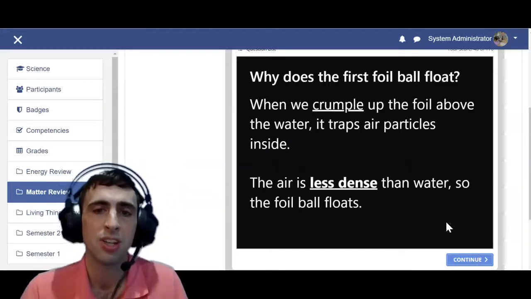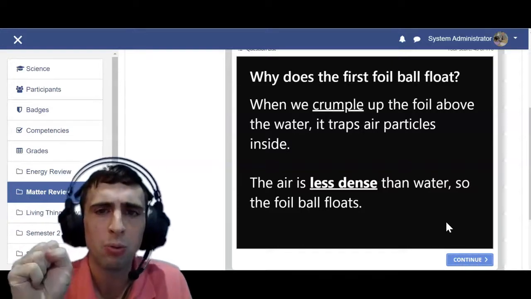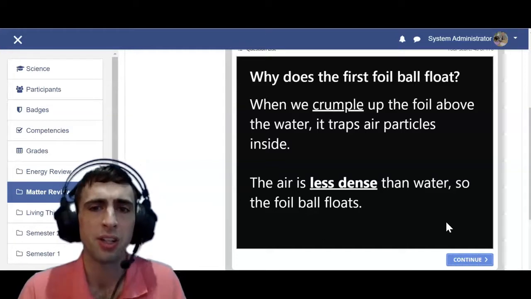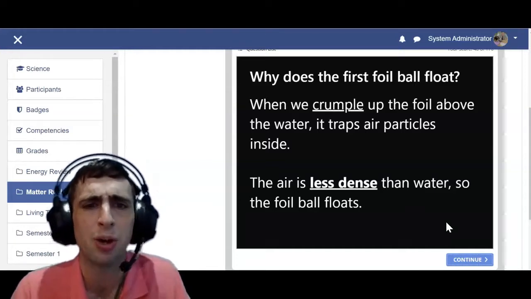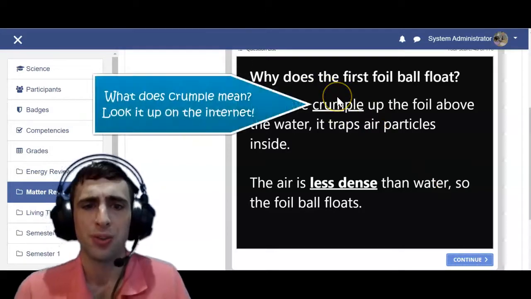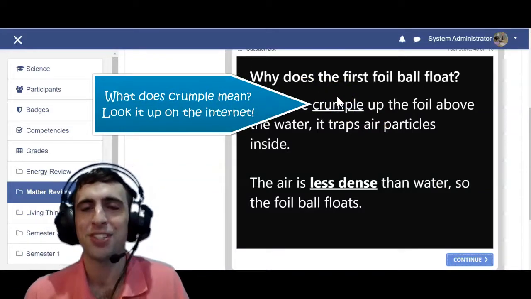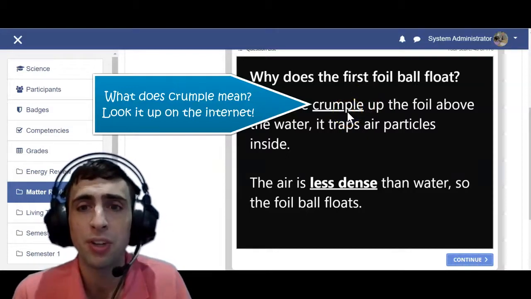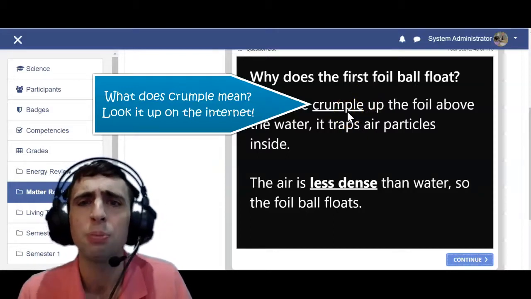It goes to the top. When we crumple up the foil above the water, it traps air particles inside. This word, crumple, is a fun word to say. I want you to look up the word crumple and see what crumple means.